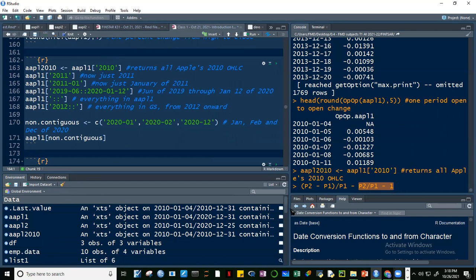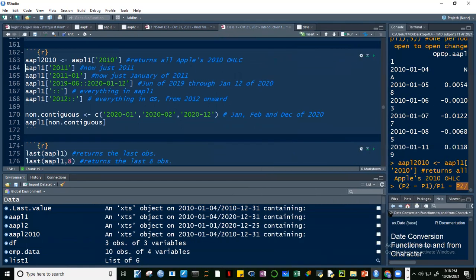containing, let me increase this. So it did not indicate here 2010 up to 2020. Only this one, January 4 up to December 31, 2010, only 2010 data.